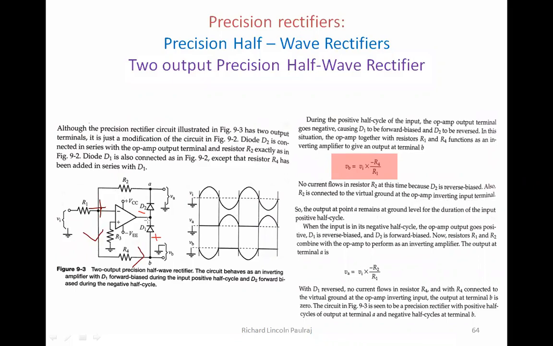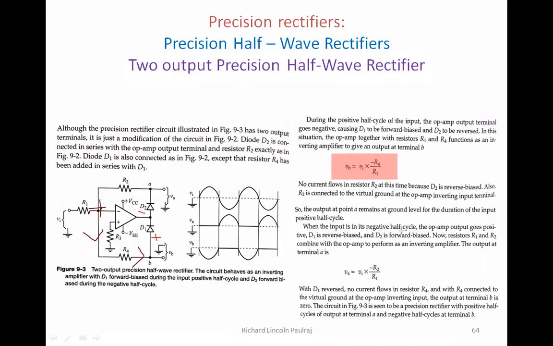Since we have this positive terminal connected to ground via resistance R3, this will also be in the virtual ground concept. So the output at point A remains at ground level for the duration of the input positive half cycle. So during the positive half cycle, we don't have an output at point A.